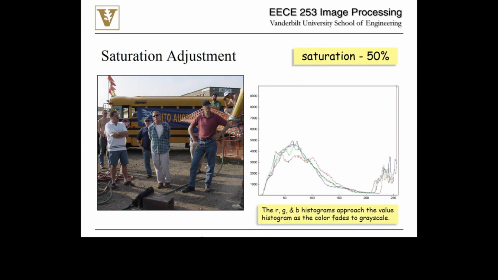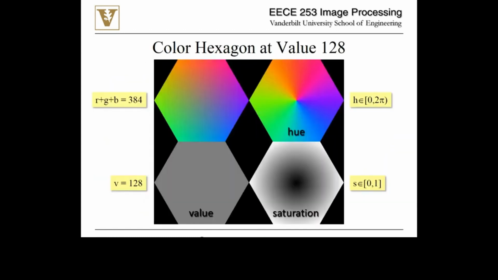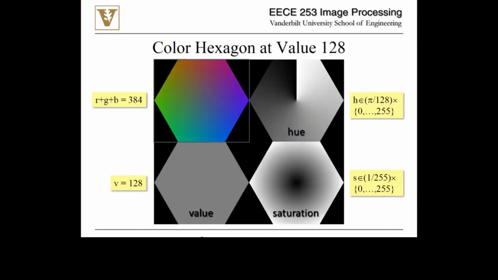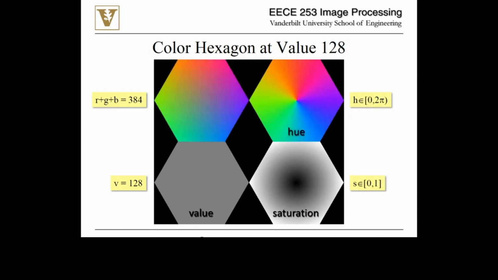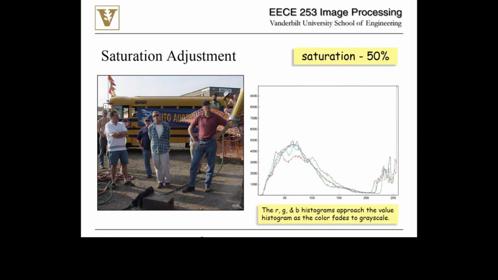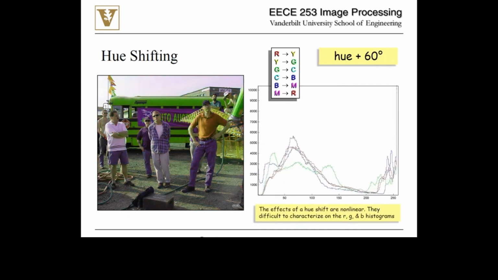So the hue is an angle. So if you give me a color, here, the hue is the angle between this line and that color. Okay, so now I can do operations with angles. So I can shift that angle by, for instance, let's say 60 degrees. So I turn all the colors 60 degrees.